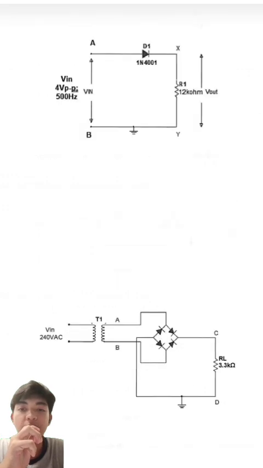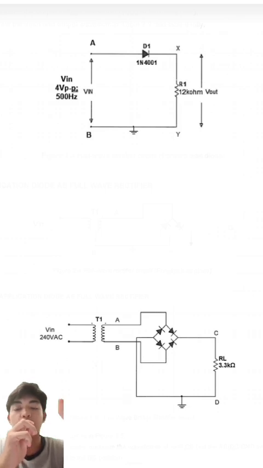Okay. So, lastly, we compare both of the diagrams. At my back, on the top is the half-wave rectifier, and the bottom is the full-wave rectifier. Okay, I will compare both of the diagrams.